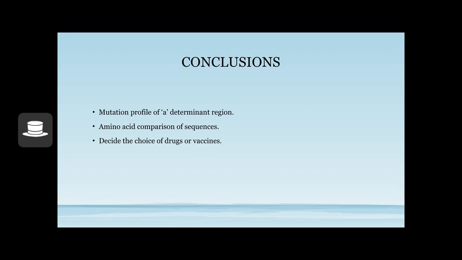And lastly, third, this is the first comprehensive study detecting the mutation and subtype of HBV in Bangladesh. This study is important to direct clinicians to diagnose the disease properly and decide the choice of drug or vaccine for the treatment of hepatitis B and HBV carriers.